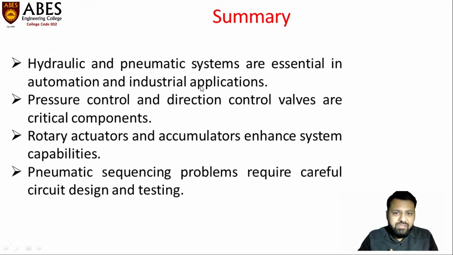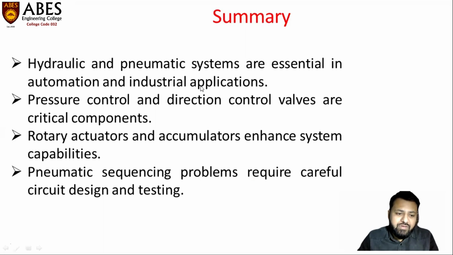So this is the summary of this video. First, hydraulic and pneumatic systems are essential in automation and industrial applications. Then the pressure control valve and the direction control valve are critically important because they are the basic backbone of an actuation system; by using them we control the direction and where to supply the pressure. Third, rotatory actuators and accumulators enhance the system capabilities, meaning they make our system more capable.